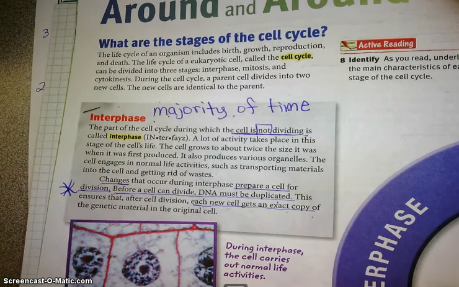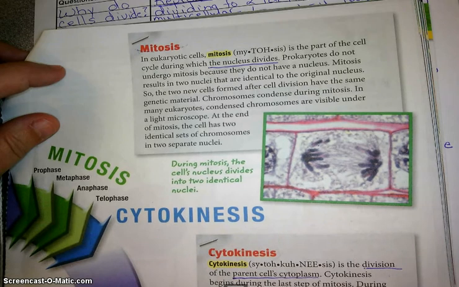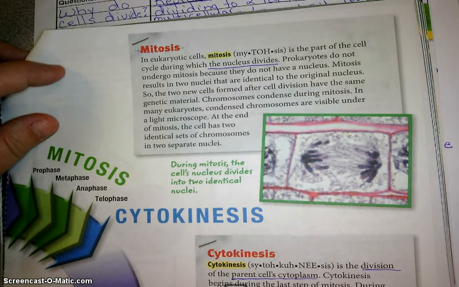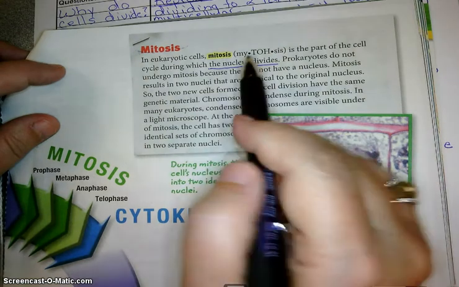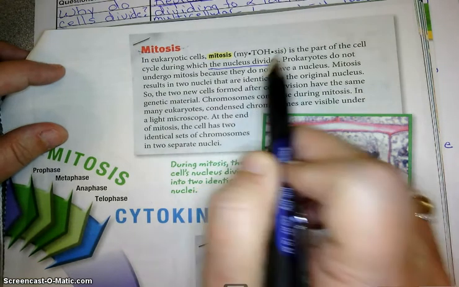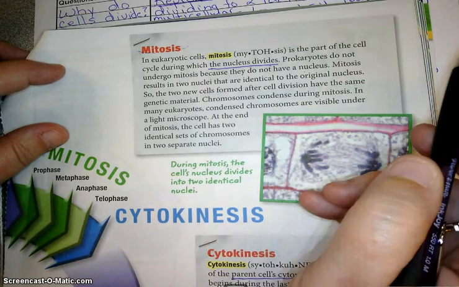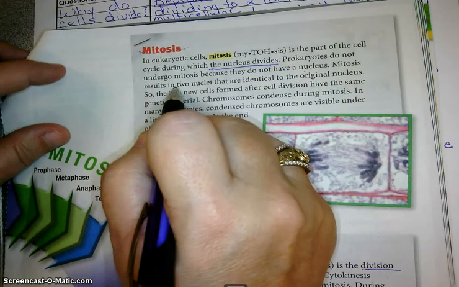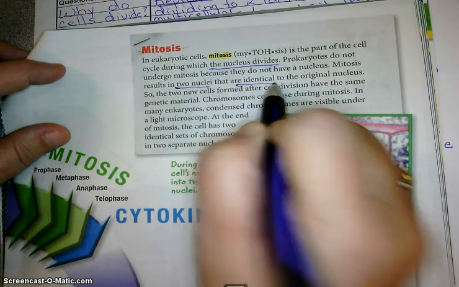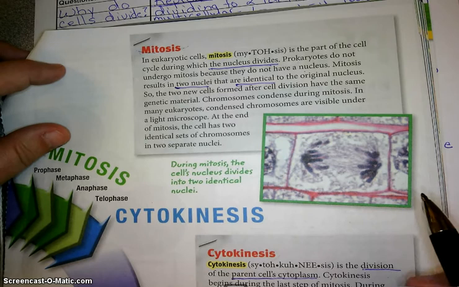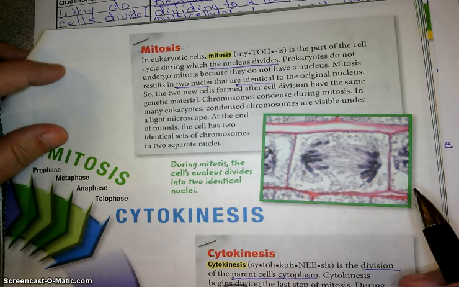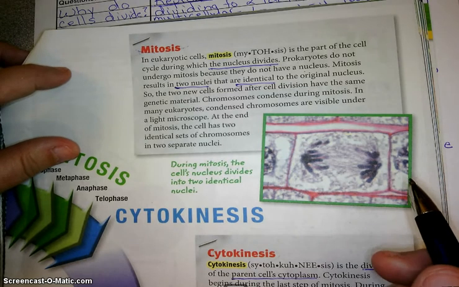On page 187, mitosis, it says in eukaryotic cells, mitosis is the part of the cell cycle in which the nucleus divides. Prokaryotes do not undergo mitosis because they don't have a nucleus. Mitosis results in 2 nuclei that are identical to the original, so that the 2 new cells formed after cell division have the same genetic material.